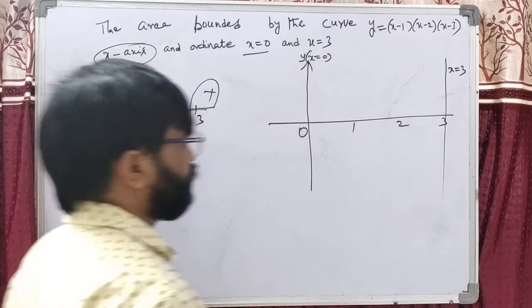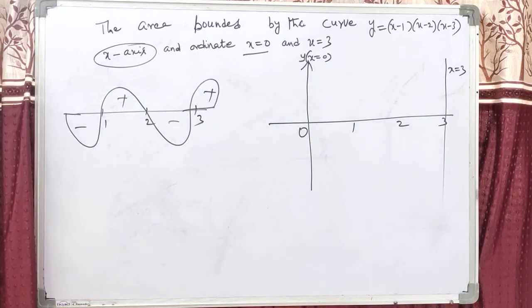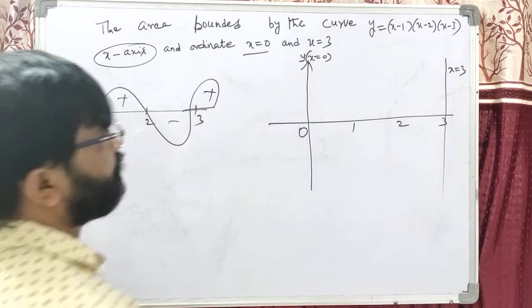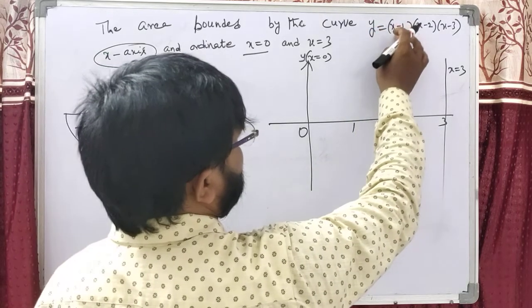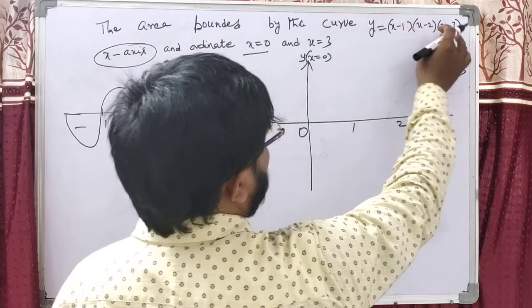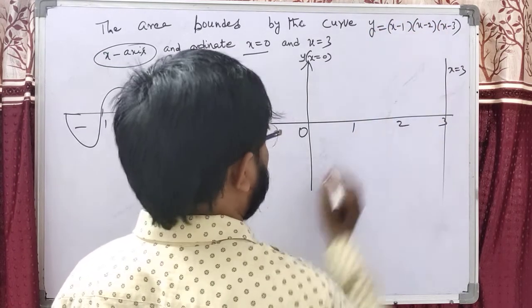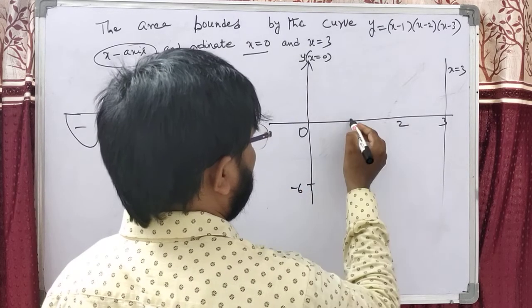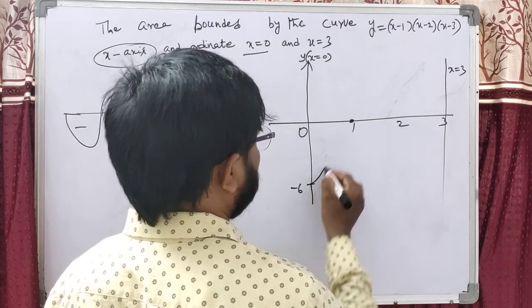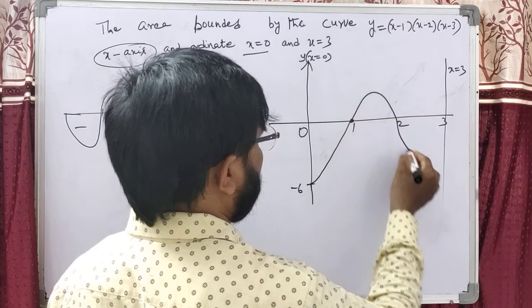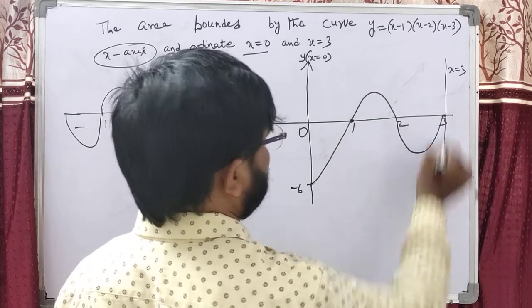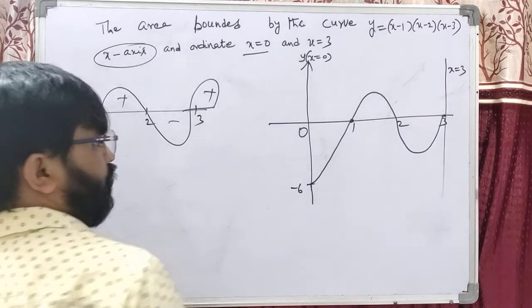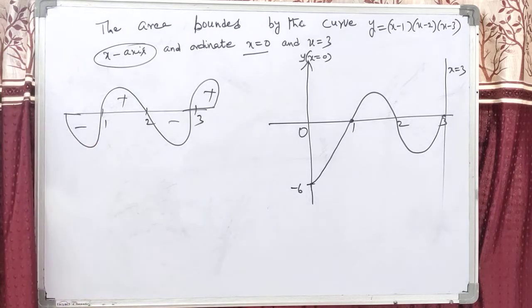This is x equals 0. When we are putting 0 in the function f of x, x is 0, that is minus 6. Now at 1, 0, this is the graph, students.